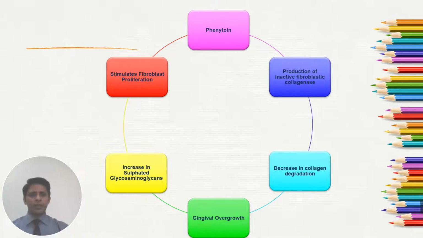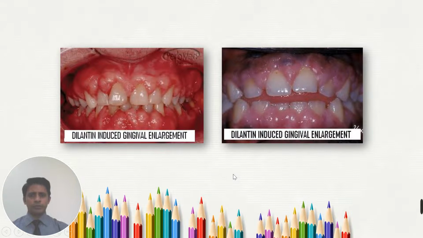The other mechanism is that it causes the production of inactive fibroblastic collagenase, which causes a decrease in collagen degradation, again leading to gingival overgrowth. That is, phenytoin causes an increase in the number of fibroblasts as well as a decrease in the destruction of collagen fibers that ultimately leads to gingival overgrowth.